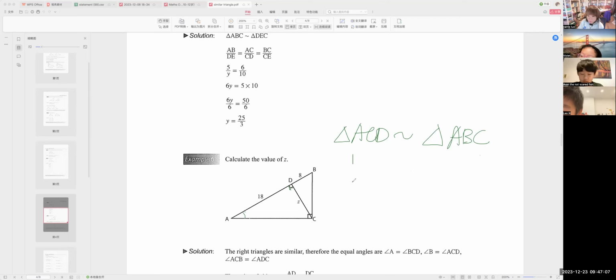First of all, I want you to do the same thing: draw the smaller one and the bigger one in exactly the position they want.